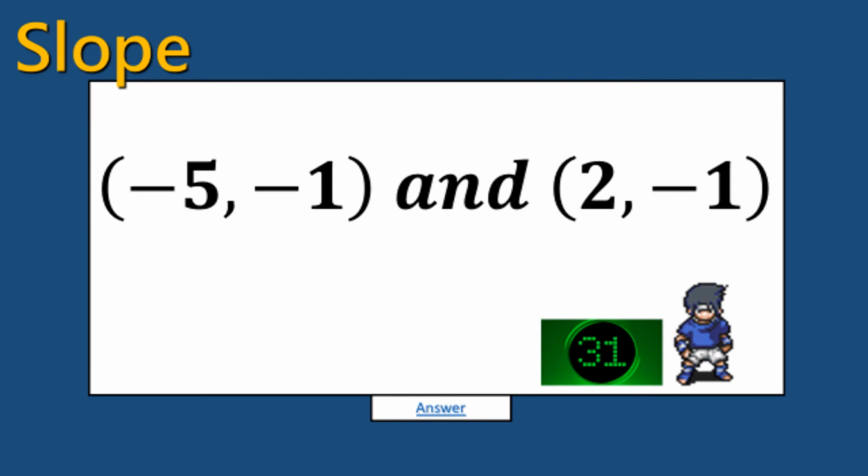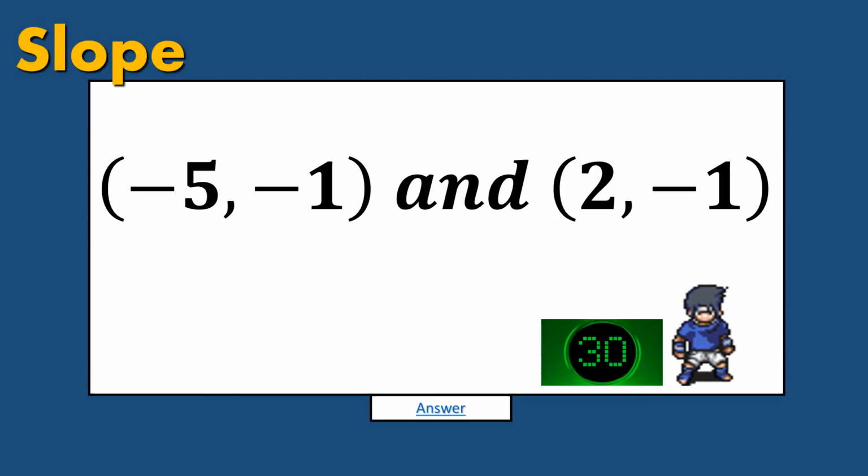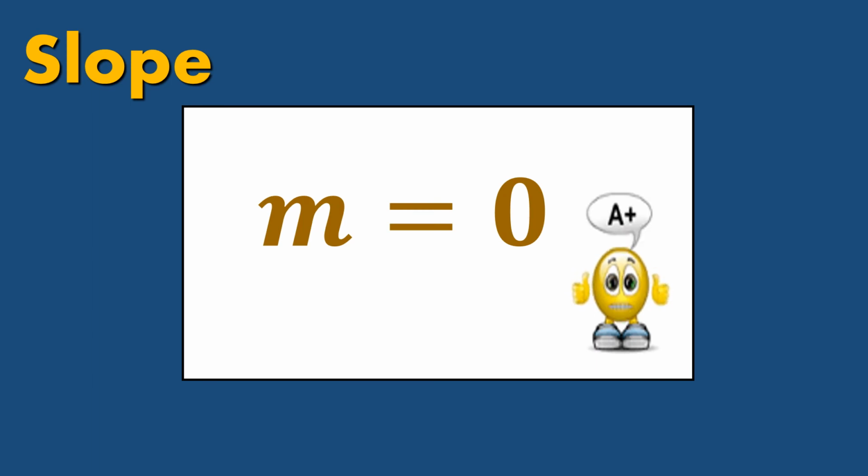Our next given is (negative 5, negative 1) and (2, negative 1). The answer is 0.